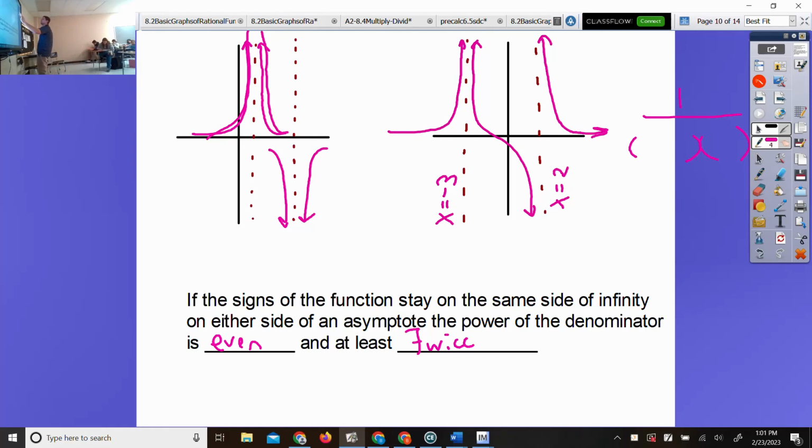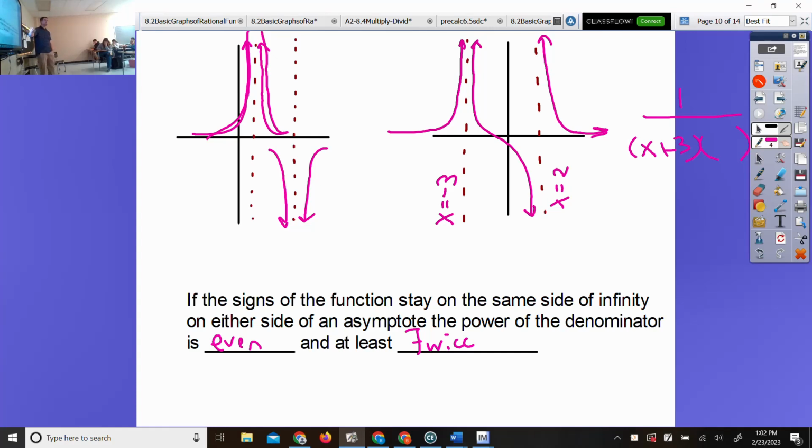Because if x was -3, what would you be dividing by? 0. Your notes explicitly say that asymptotes happen when you divide by what? 0.